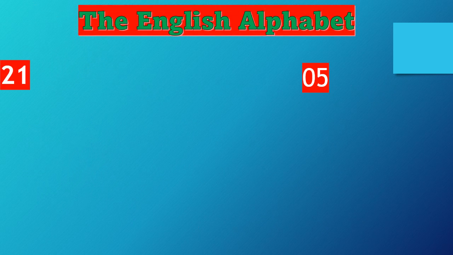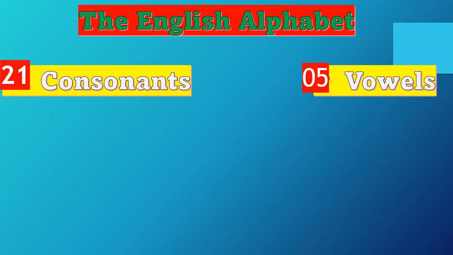So, as you know, in the English alphabet, we have 26 letters. 21 are consonants and 5 are vowels. So, what are the 21 consonants? Let's see.